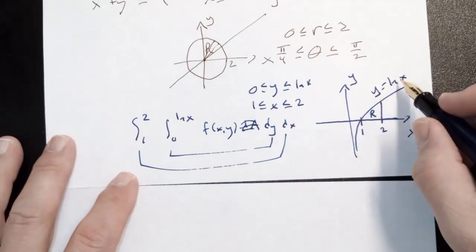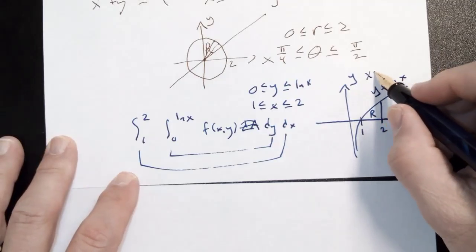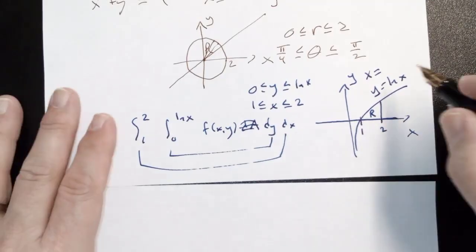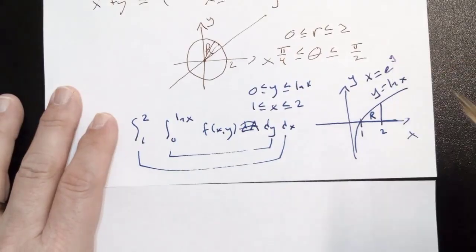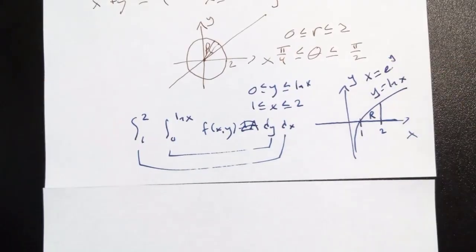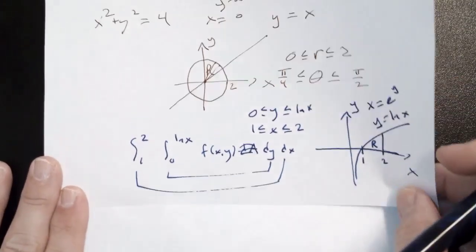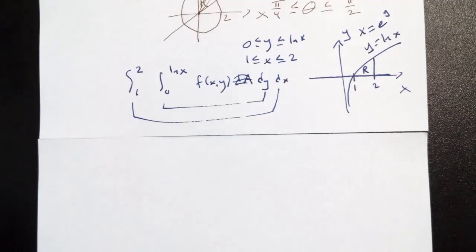But this equation, y equals ln of x, how could I write that? How to get rid of an ln? Exactly. Now, here's where picturing the way we are slicing helps.